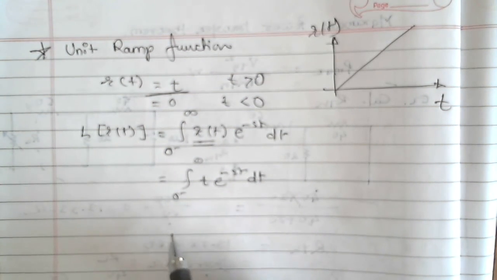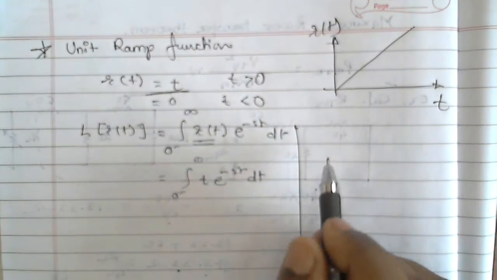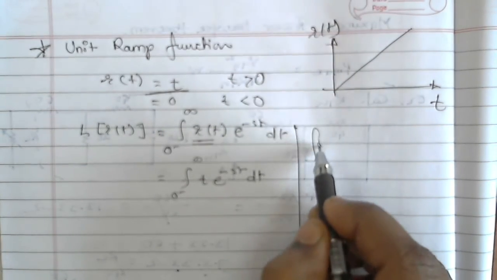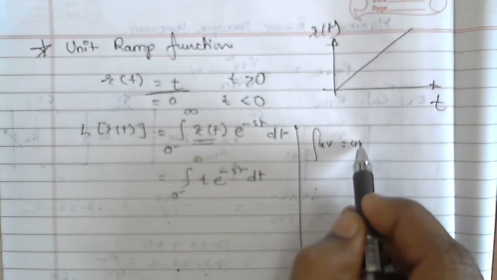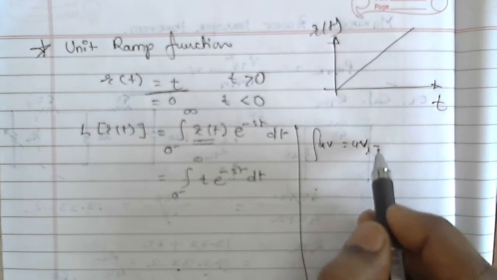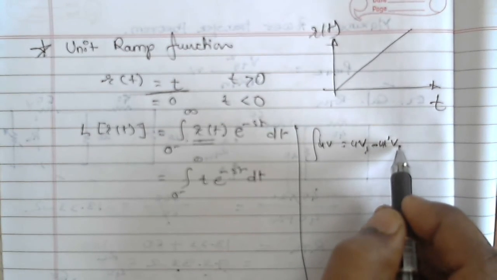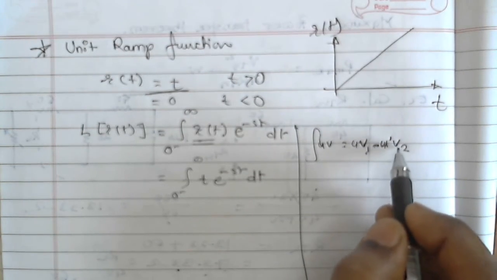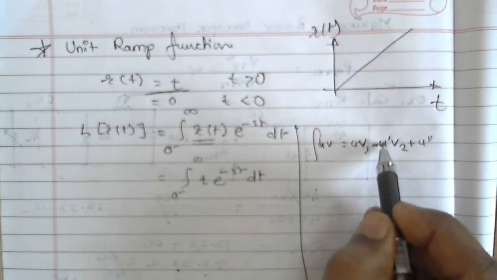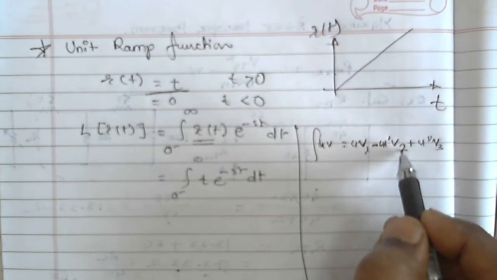Okay, so how to get the answer? Actually it is pure mathematics. I will tell you for one function, then you can find it on your own. So you know the integration of u v is given as u into v1, where v1 is the first integration, minus, plus, minus will be the signs, minus u dash, the first derivative of u, into v2, the integration of v1, plus u double dash, the derivative of u dash, into v3, that is the integration of v2.